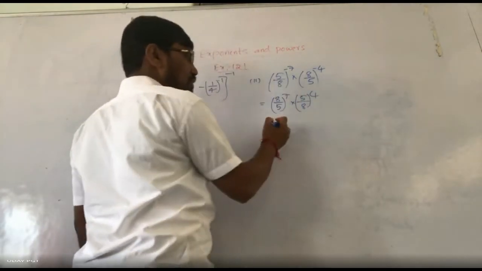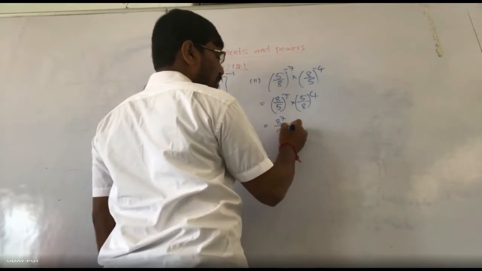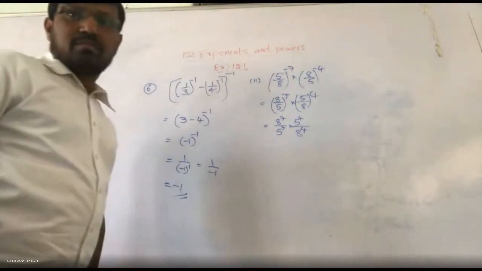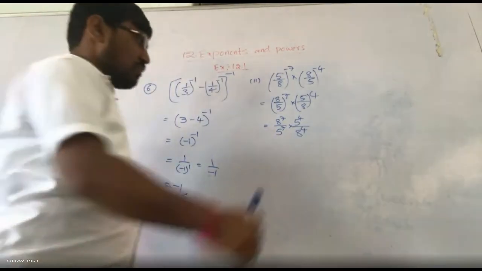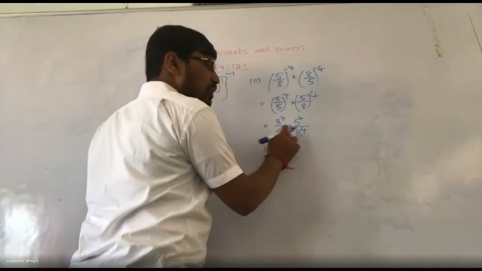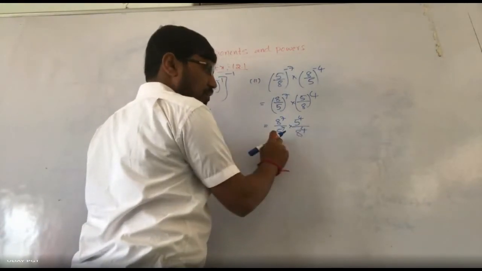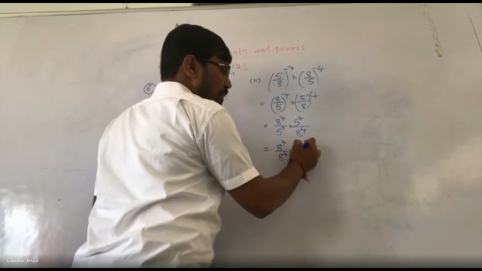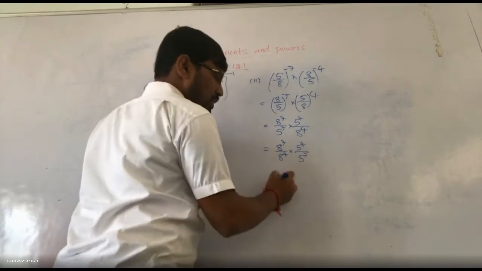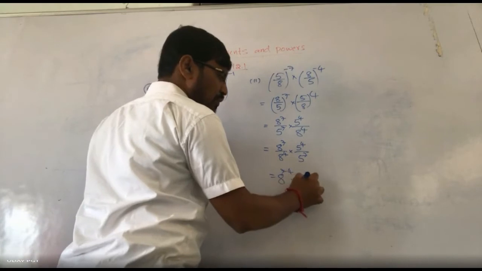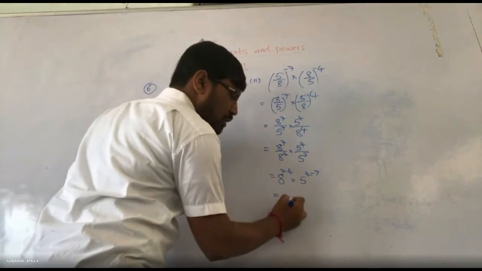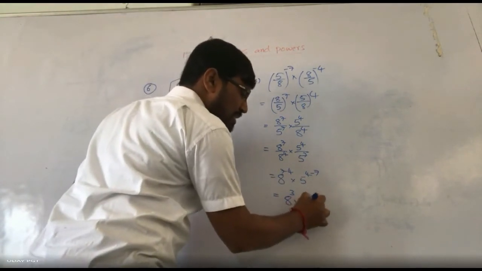Now take the powers individually: 8 power 7, 5 power 7, 5 power 4, 8 power 4. Both of these are in the denominator, take this there and bring this here. So what do you get? 8 power 7 by 8 power 4 into 5 power 4 by 5 power 7. So 8 power 7 minus 4, 5 power 4 minus 7: 8 power 3, 5 power minus 3.